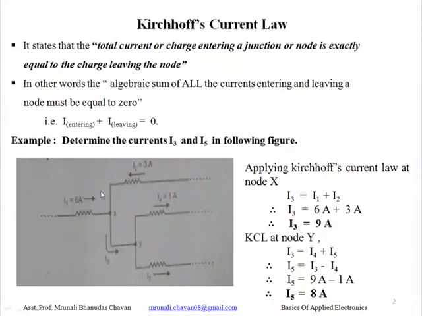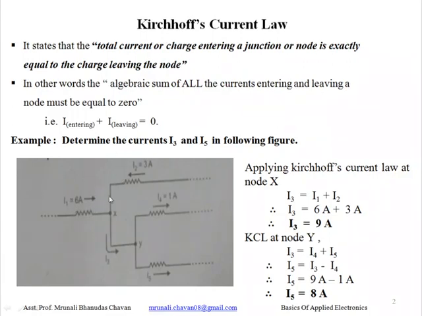So if we apply the Kirchhoff's current law at node X, what does the Kirchhoff's current law say? It states that the total current or charge entering a junction or node is exactly equal to the charge leaving the node. At node X, which are the entering currents?